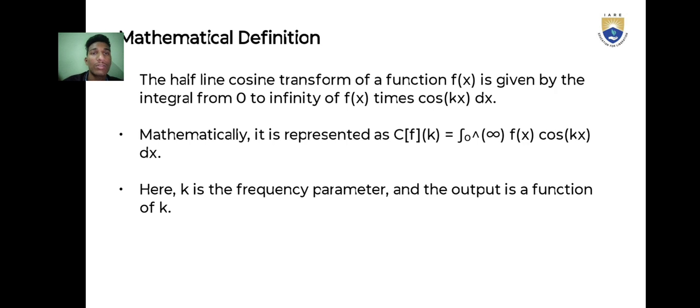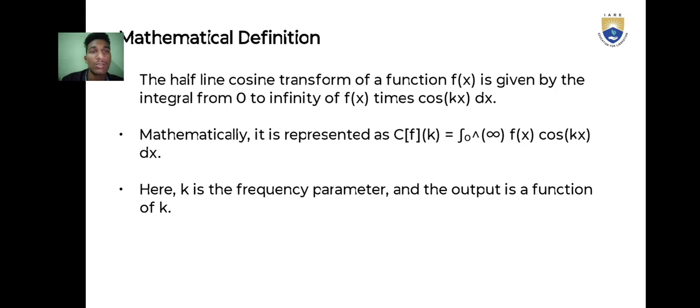Mathematical definition: the Fourier cosine transformation of a function f of x is given by the integral from 0 to infinity of f of x times cos of kx dx.